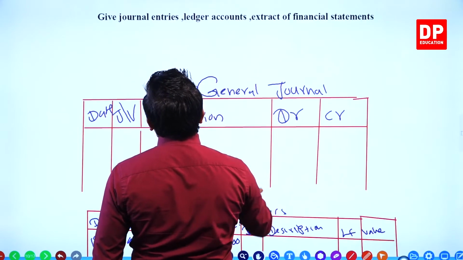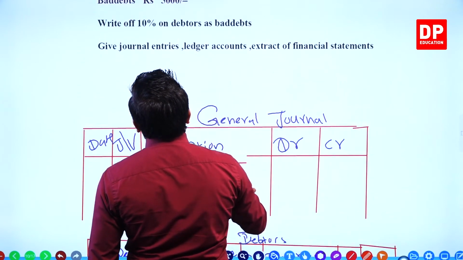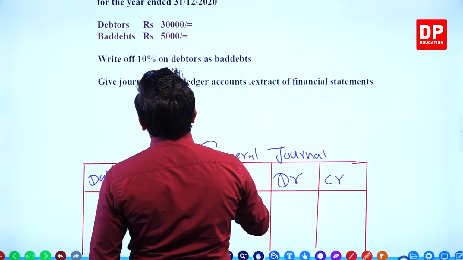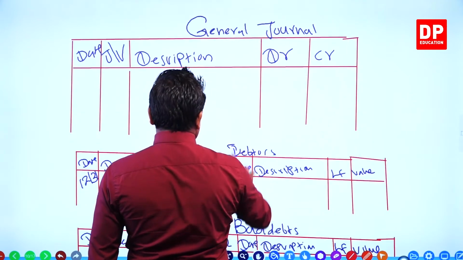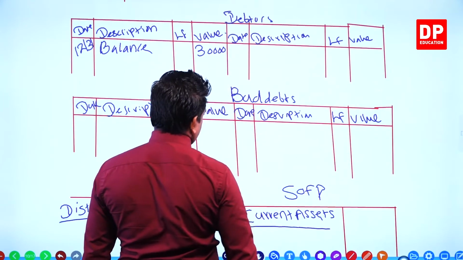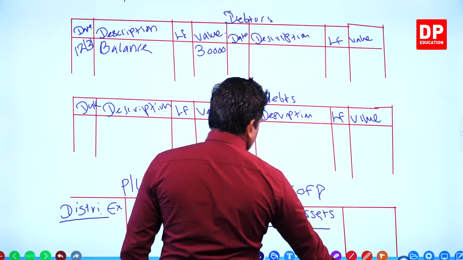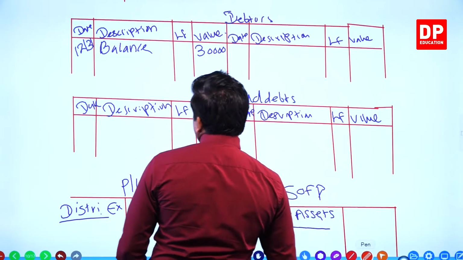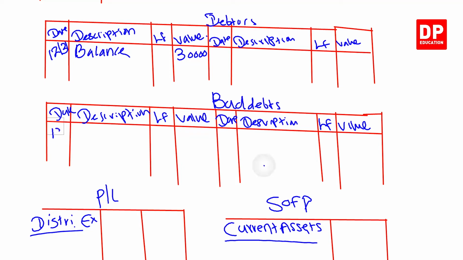Yeah, bad debts amount is also given, 5,000. Bad debts is an expense, right? That balance also we write in the relevant account debit side, 5,000.